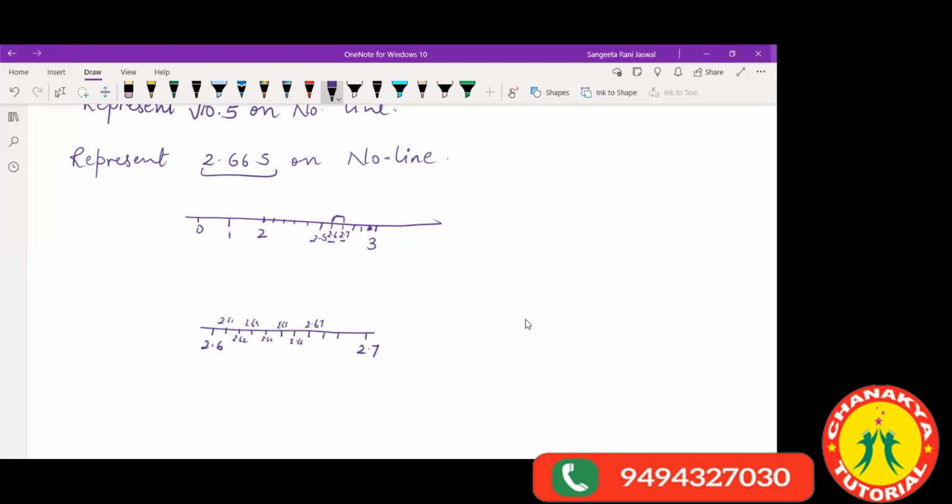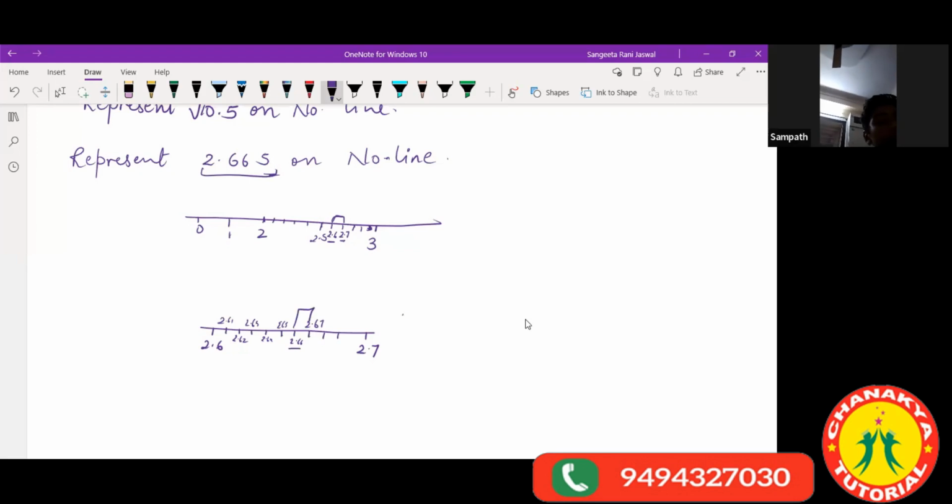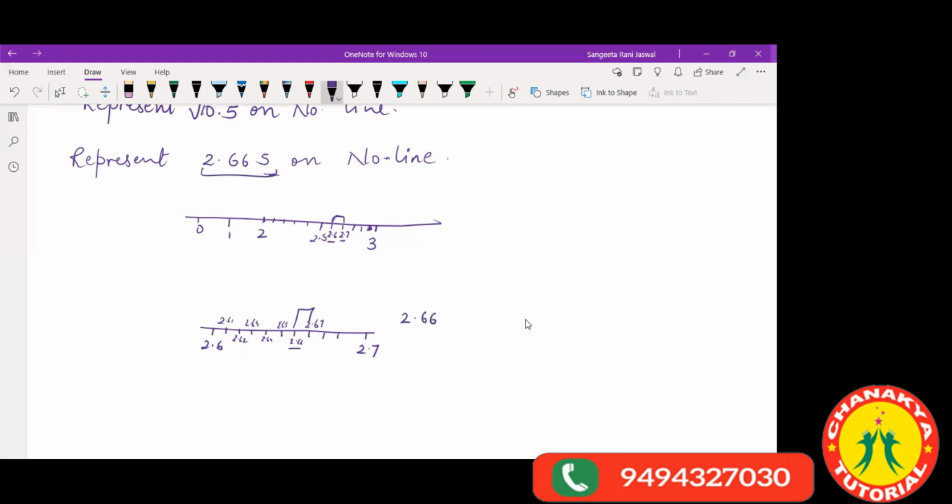Now my number is 2.665. Now 2.665 lies between 2.66 and 2.67. Is that clear? Yes, ma'am. Okay, my number is what? 2.665. So 2.665 lies between 2.66 and 2.67, it lies in between these.